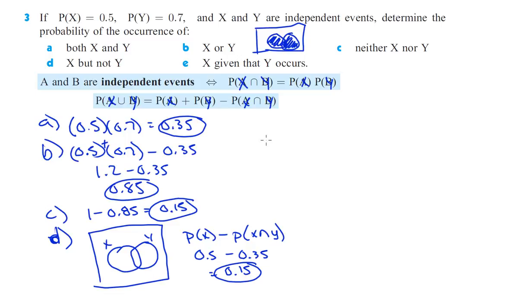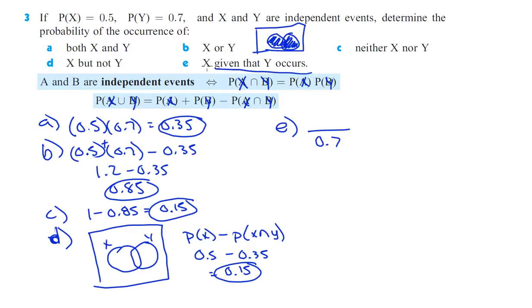And then for E, the probability of X happening given that Y occurs. So we know that Y happens. Given that Y occurs is that 0.7 right there. That's the given part.